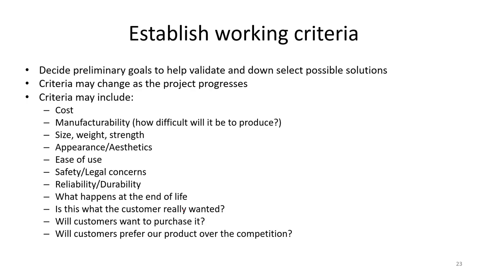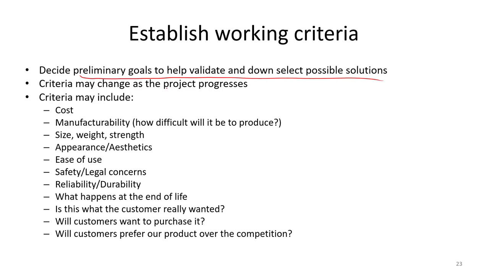The last part of the define phase is to establish what's called working criteria. Working criteria are preliminary goals. The purpose of working criteria is to help you validate and down-select possible solutions. You can use working criteria to figure out which design idea is the best solution.